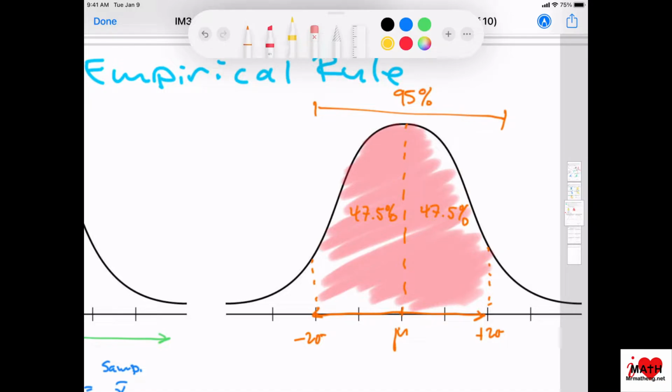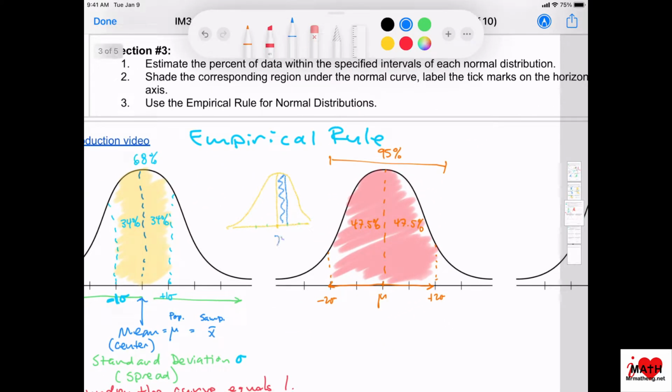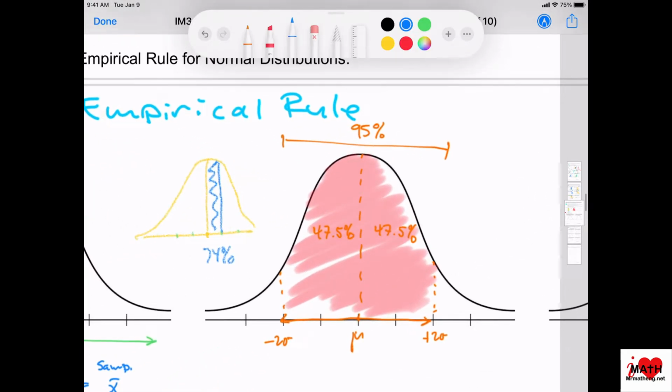Now, you might come into a situation that looks like this. Whoops. Let's try that again. There's the center. And let's just say if you know this blue region here represents 34%, then this green region, 47.5 minus 34 gives you 13.5.